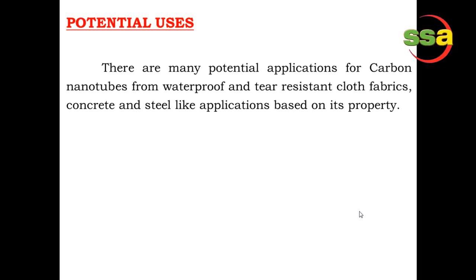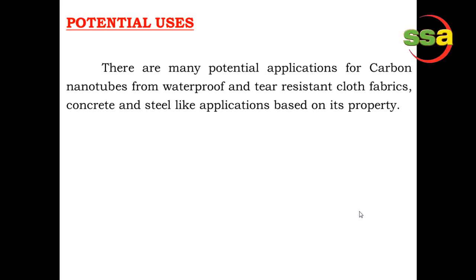Now let us come to the basic applications of these carbon nanotubes, which are called potential uses. There are many potential applications for carbon nanotubes, from waterproof and tear resistant cloth fabrics to concrete and steel like applications based on its property.